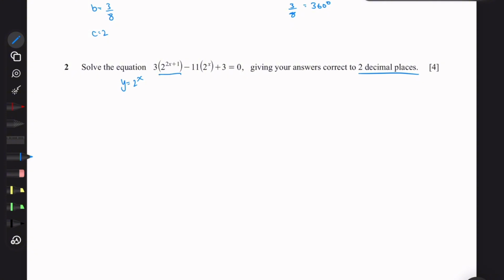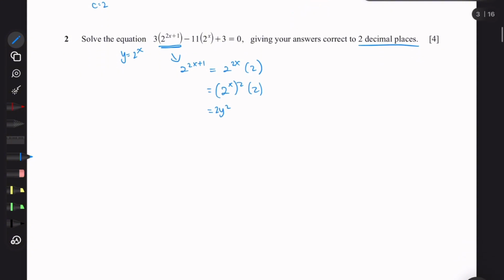So we should change this to separate it. And because y equals 2 to the power of x, it becomes 2y squared. And now we can just sub this back into the main equation.